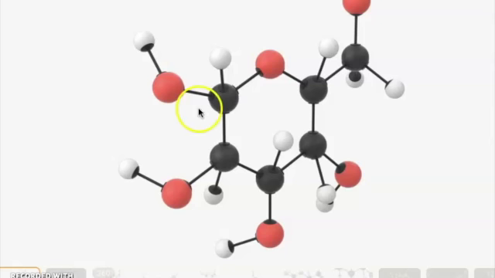And we can see that if we look here. So we have 6 carbon, 6 oxygen, and 12 hydrogen: 1, 2, 3, 4, 5, 6, 7, 8, 9, 10, 11, 12, yeah, 12 hydrogen within 1 glucose molecule.